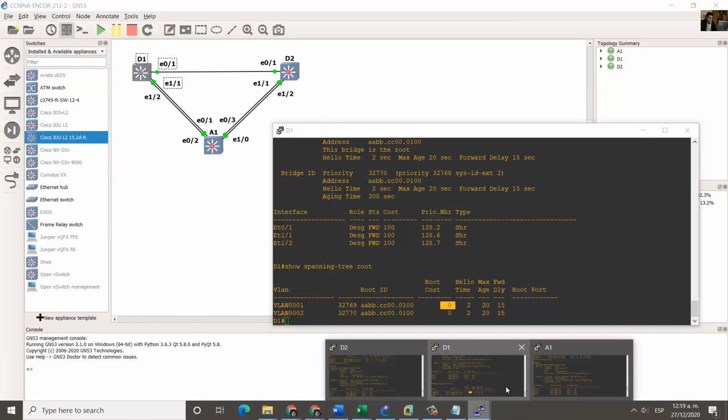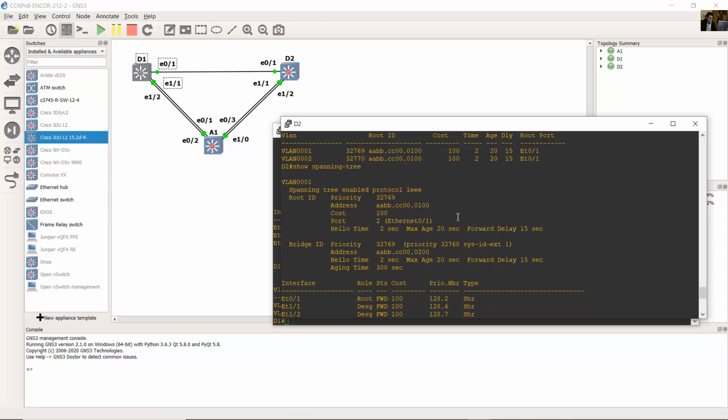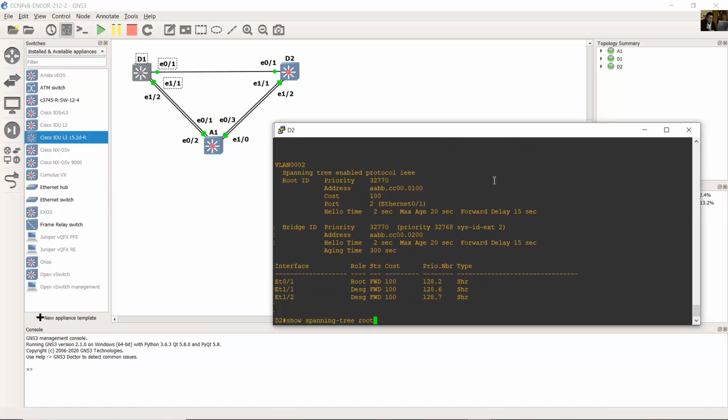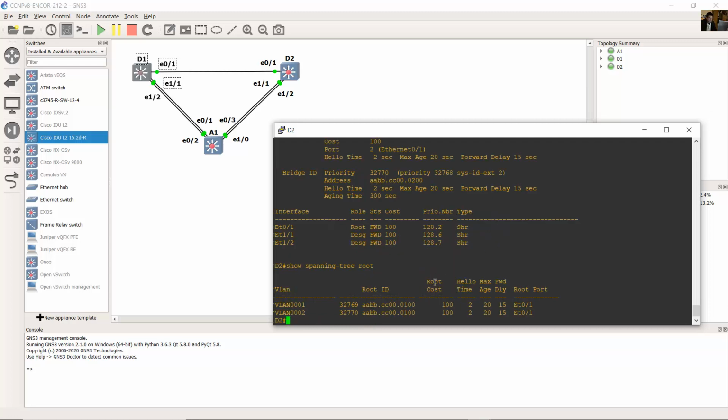And go to D2. Show spanning tree root. The cost is 100 for Ethernet interface, 19 for Fast Ethernet, and 4 for gigabit.